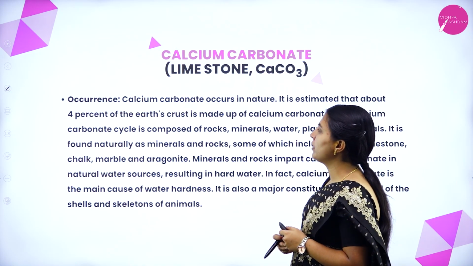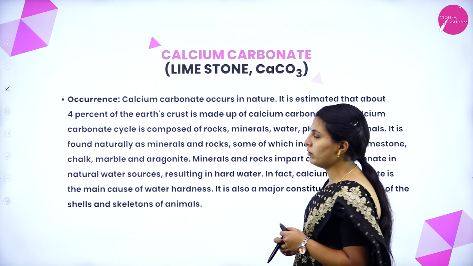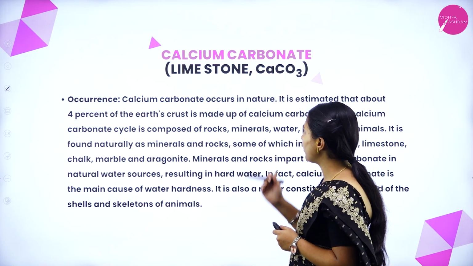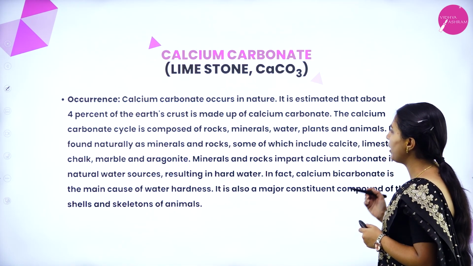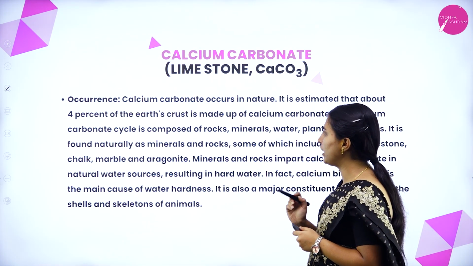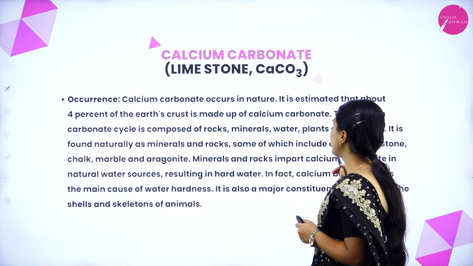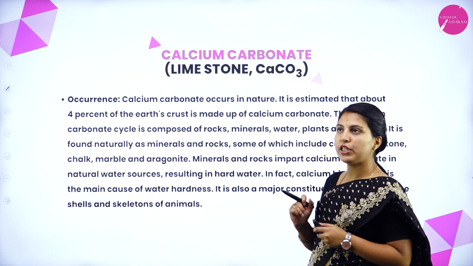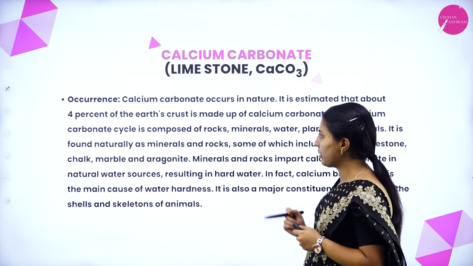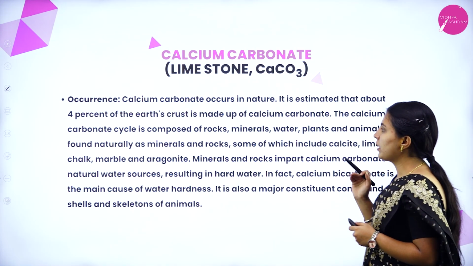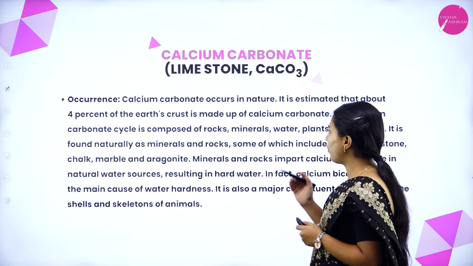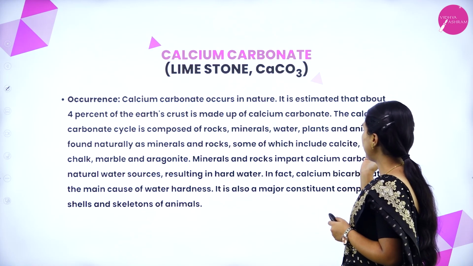Next, calcium carbonate, limestone. Occurrence: calcium carbonate occurs in nature. It is estimated that about 4% of the earth's crust is made of calcium carbonate. The calcium carbonate cycle is composed of rocks, minerals, water, plants and animals.